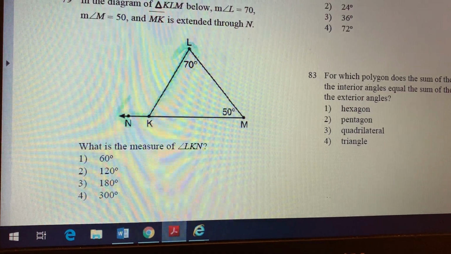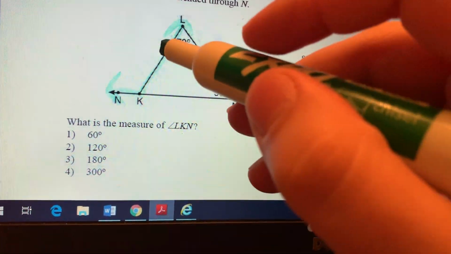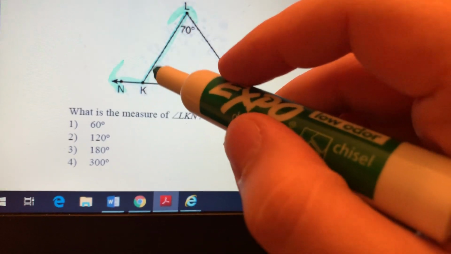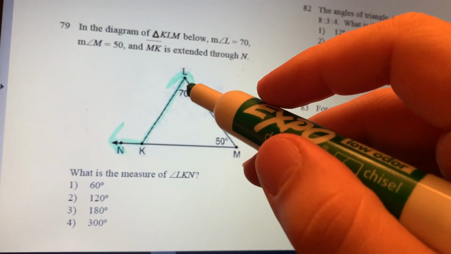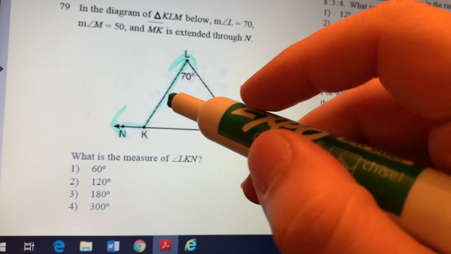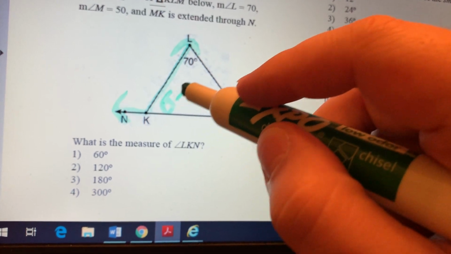We didn't really talk about the exterior angle theorem a lot, but I've showed it to y'all, we've been doing this. All 3 angles here add to 180, right? 70 and 50 is 120, so that has to be 60.